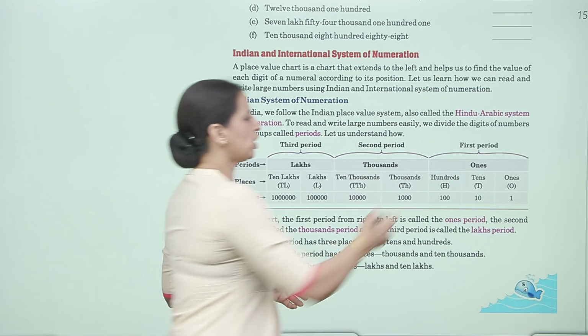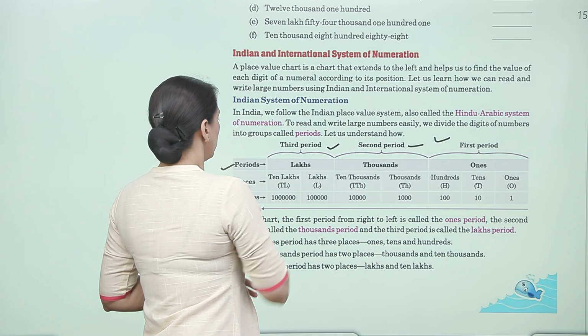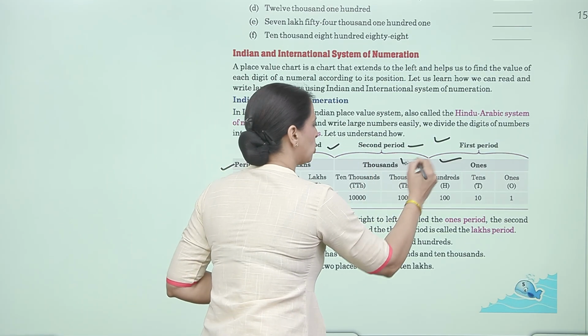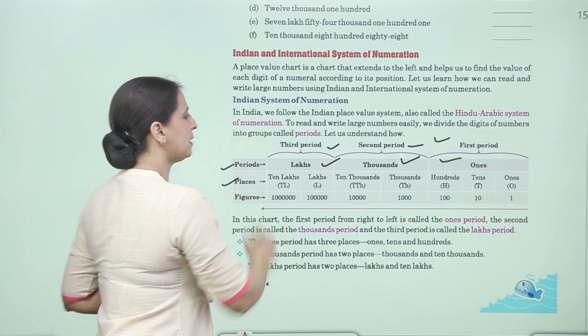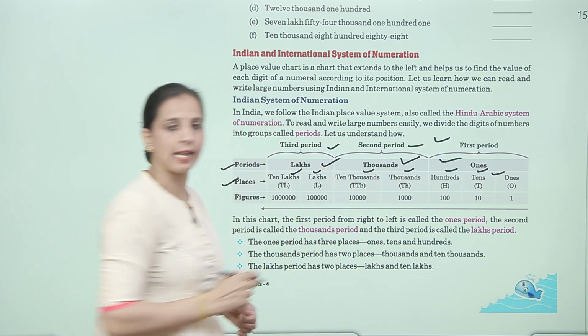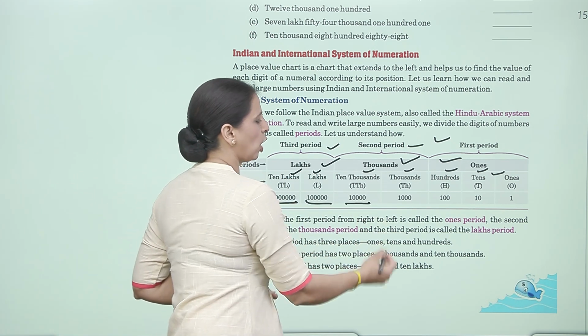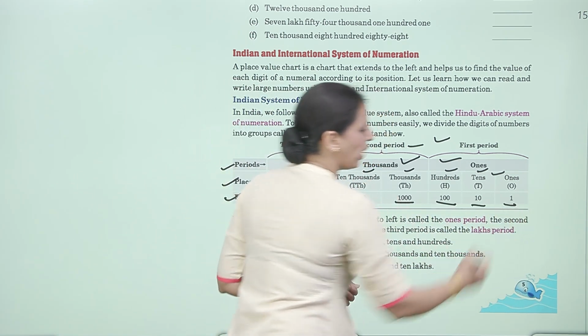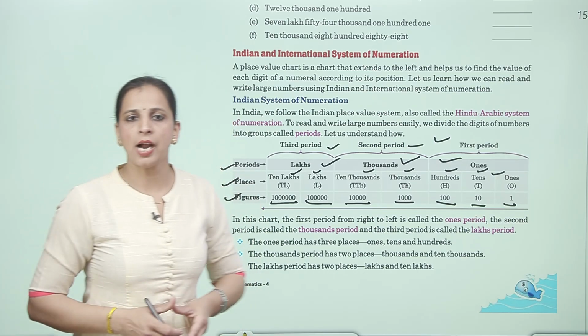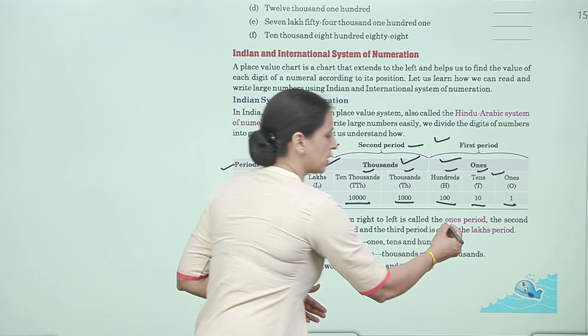Now, first period, second period and third period, and the periods are ones, thousands and lakhs, and places are ones, tens, 100, 1000, 10,000, lakh and 10 lakh. Now, figures 10 lakh, 1 lakh, 10,000, 1,000, 100, 10 and 1. In this chart, the first period from right to left is called the ones period.